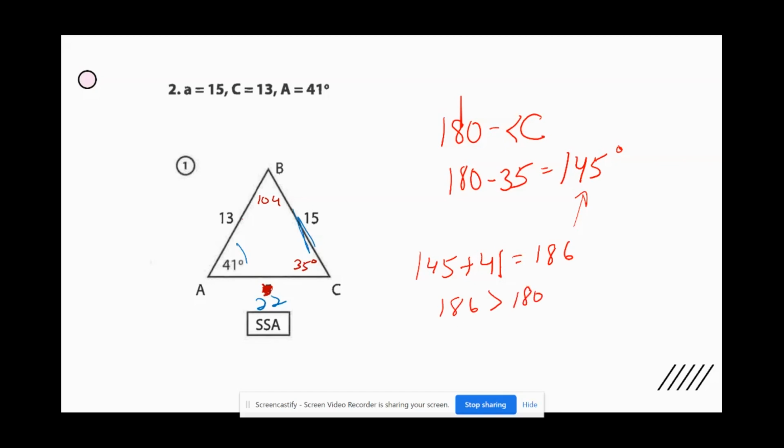So it's not possible. So we are left with just one triangle, okay? If the new angle C added to what was given, the 41, had been less than 180, that means that could be a possibility for a second triangle, and we'd have to solve the whole triangle.